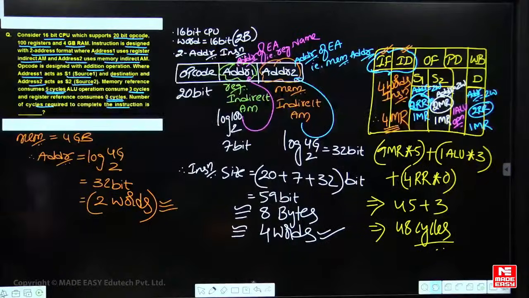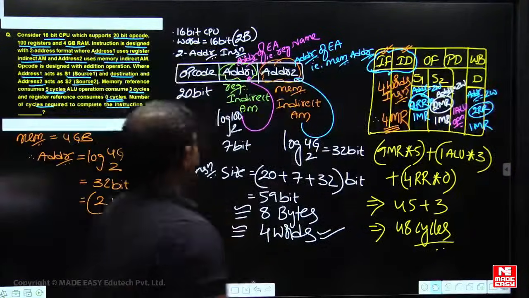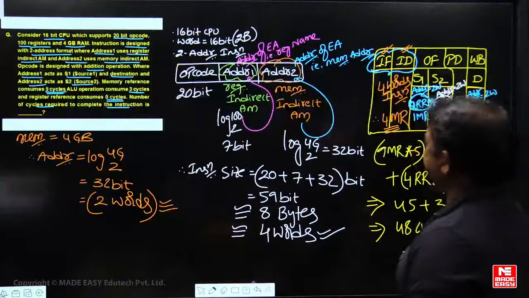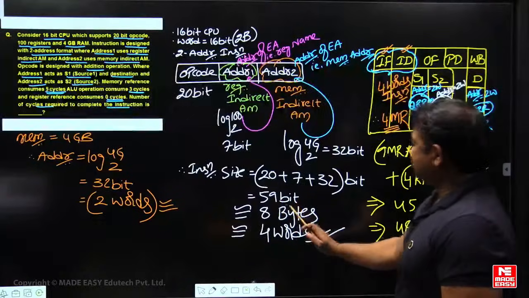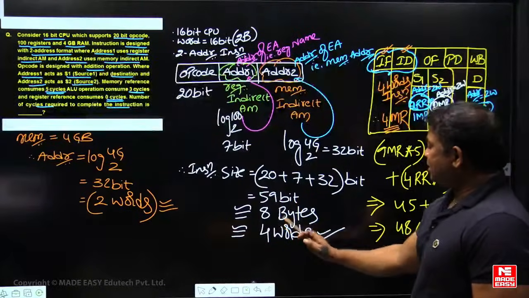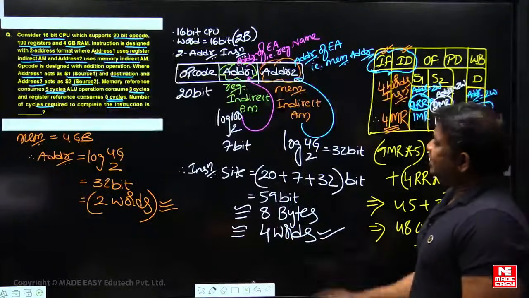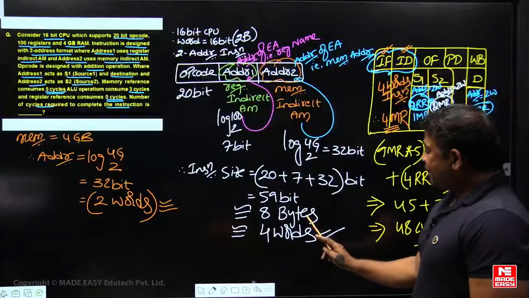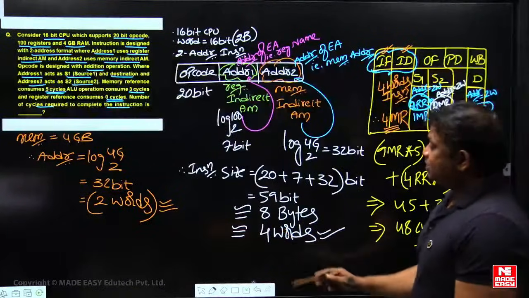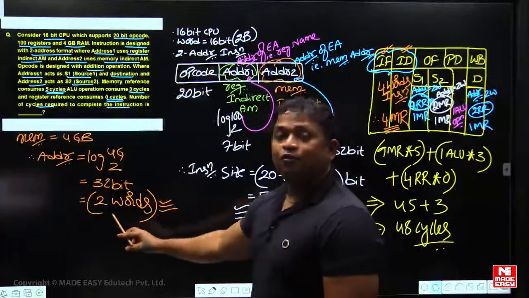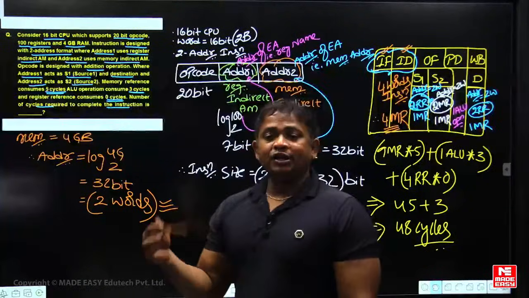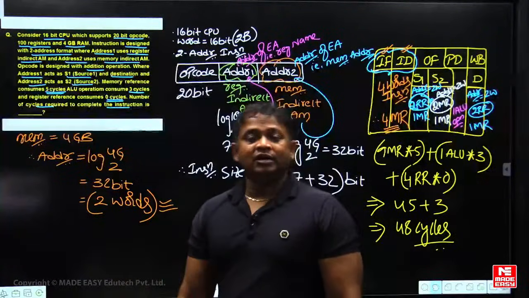Ratnesh Pandey, you are saying if the question is an 8-bit CPU, instruction fetch is 8 bytes, meaning 8 words are needed. When it is an 8-bit CPU, 8 bytes storage, so that is 8 words. Then 32-bit means 4 words. So according to word length, it automatically changes.